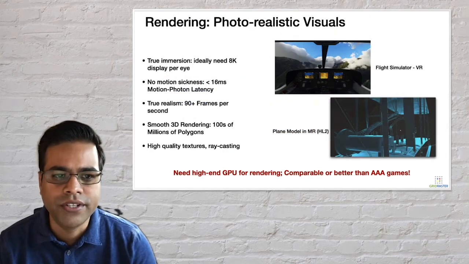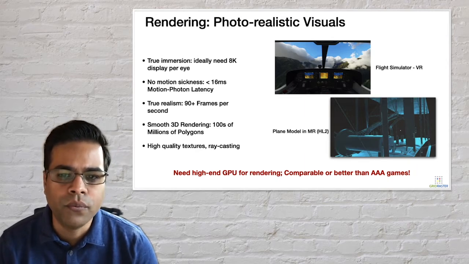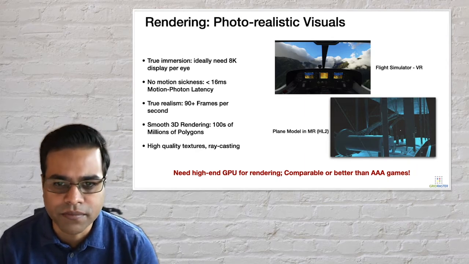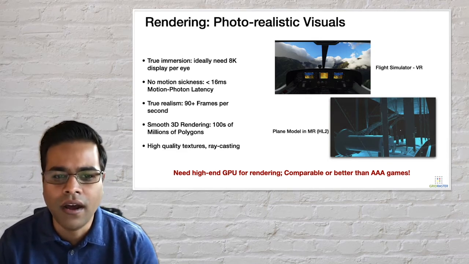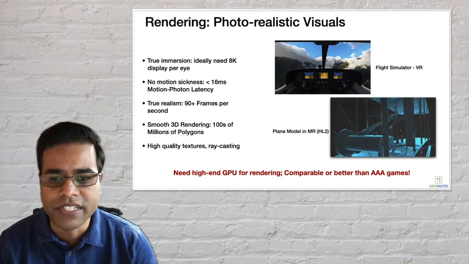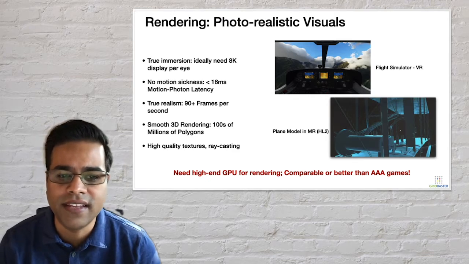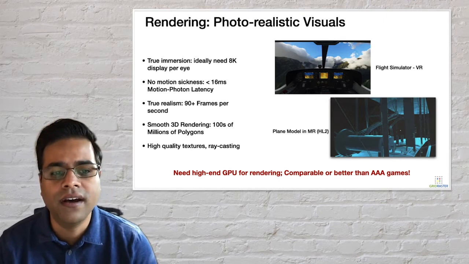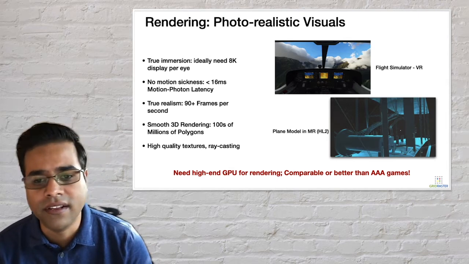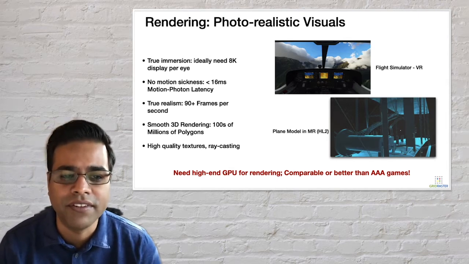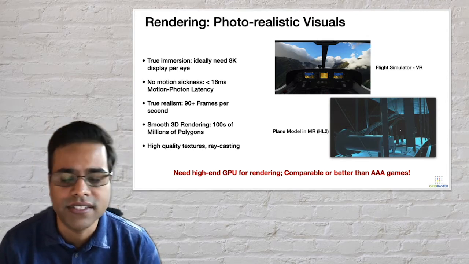In order to actually do high quality near photorealistic rendering, we require extremely high resolution displays, and none of them are really there in mobile devices right now. Ideally, in order not to be able to distinguish the pixels, we need resolutions as high as 8K per eye. So it's an extremely high resolution display. In order to maintain realism, so that you don't have any motion sickness, we need less than 16 milliseconds motion to photon latency.